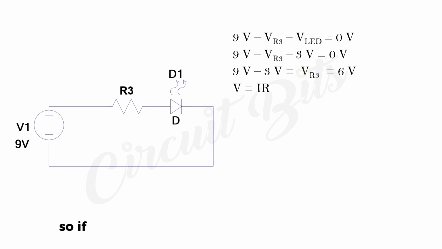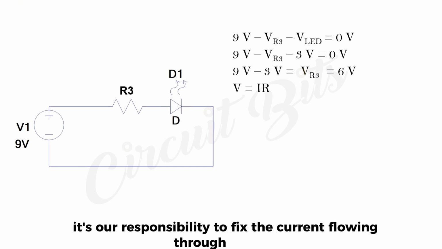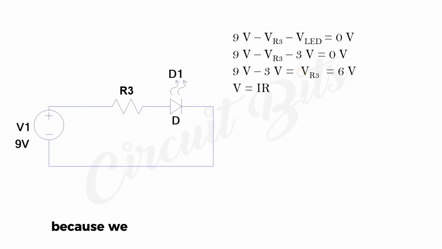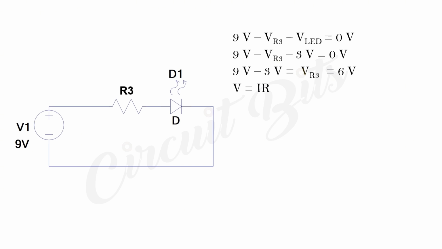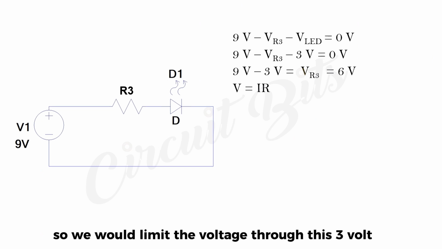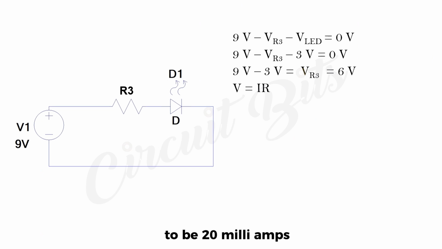And in this case, it's our responsibility to fix the current flowing through the LED because we want it to have an extended lifespan and not a short one. So we would limit the current through this 3 volts LED to be 20 milliamps.